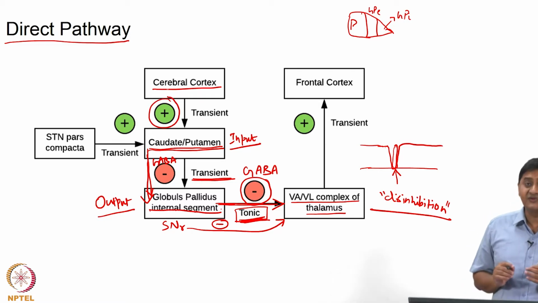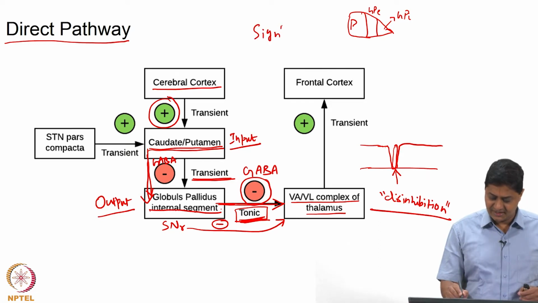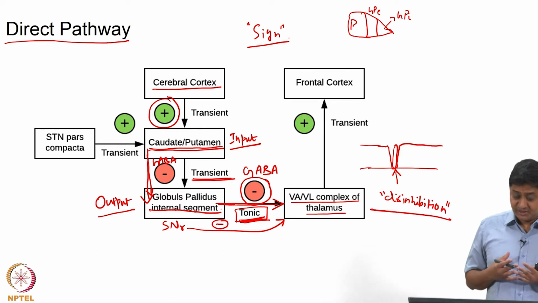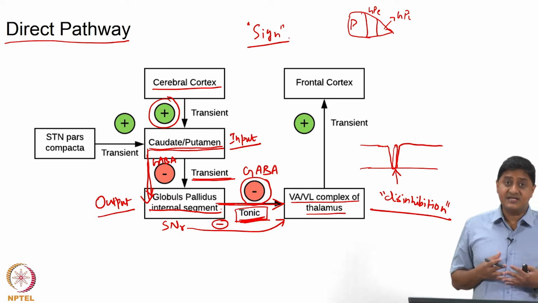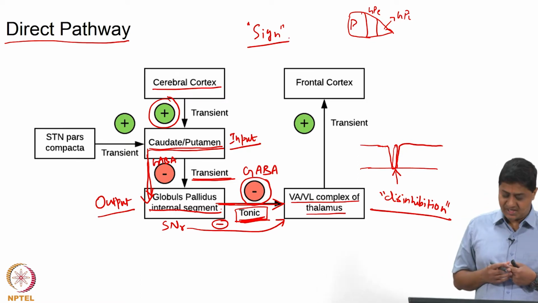Very important to note the signs here. Sign means whether a connection is excitatory or inhibitory. Cerebral cortex sends excitatory or glutamatergic inputs to the striatum.